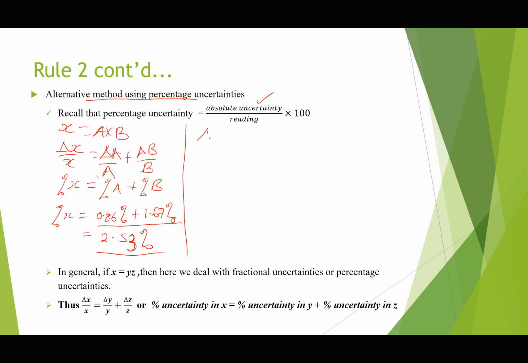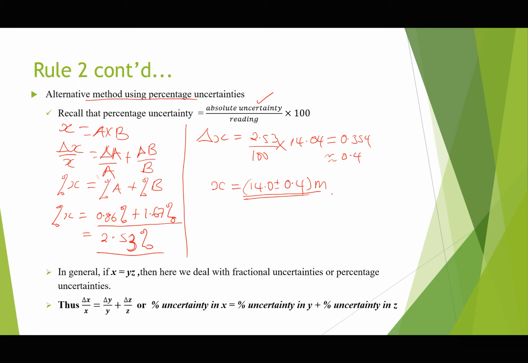The absolute uncertainty in x will be equal to 2.53, that is the percentage, divided by 100 times the true value of x, which we have already calculated to be 14.04. When you press your calculator, you get 0.354, which to one significant figure rounds off to 0.4. Therefore, the product a times b, or simply x, is still going to be 14.0 plus or minus 0.4.